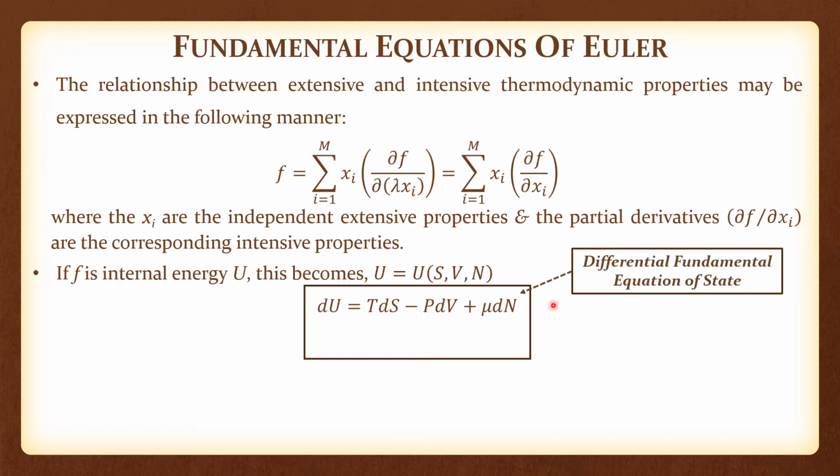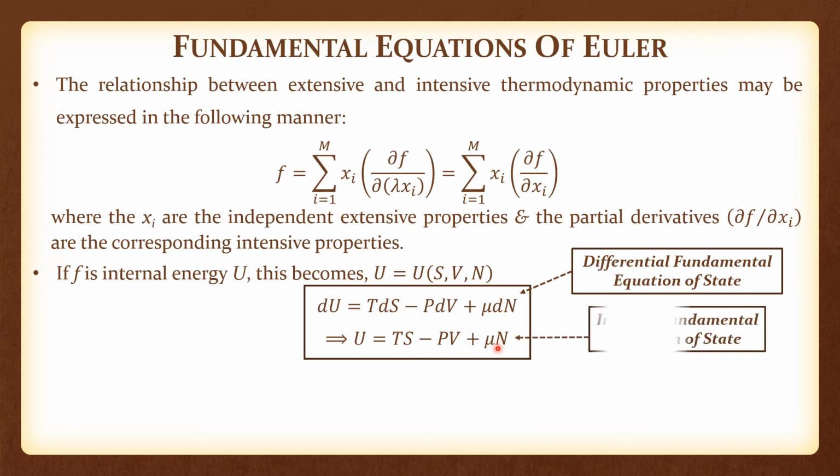This is called the differential fundamental equation of state of Euler. But the other relationship is very interesting. U is simply TS minus PV plus mu N. So it is the product of the extensive quantity times the corresponding intensive quantity.